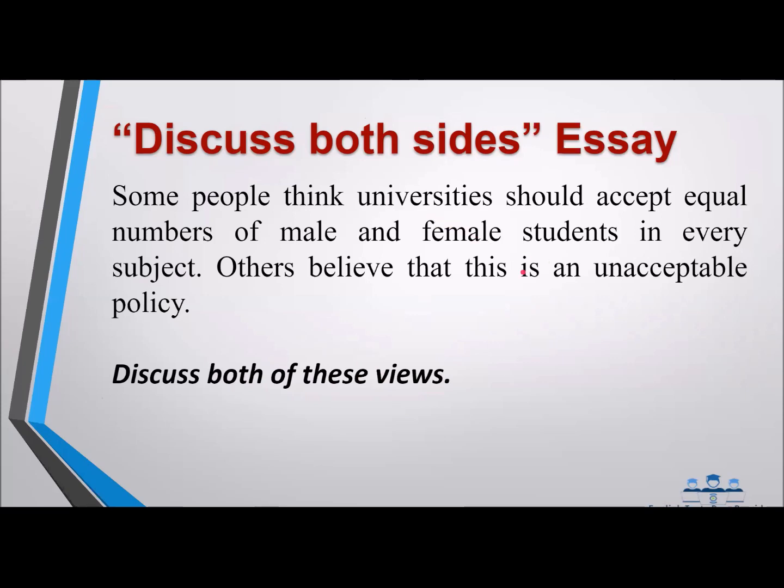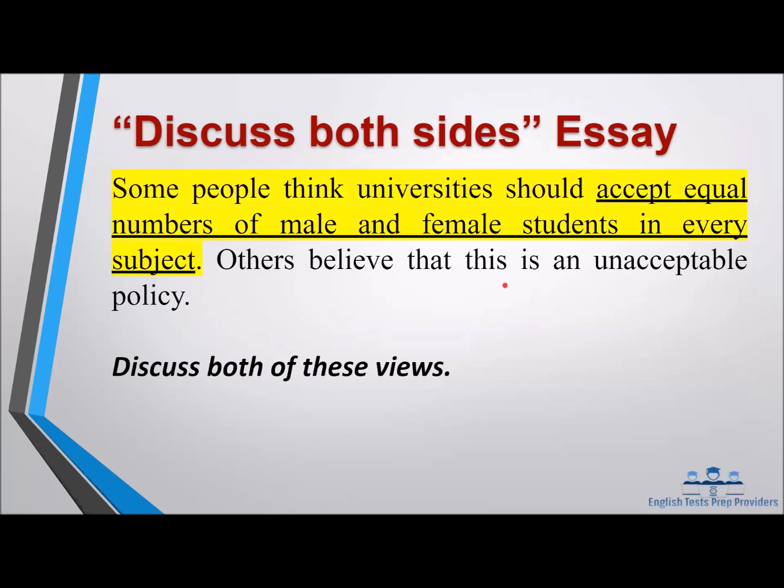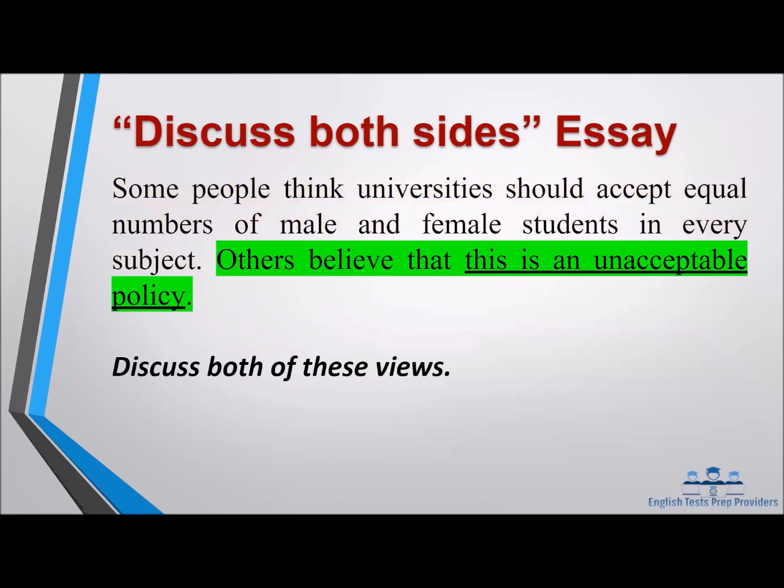Okay, so there are two views that you have to discuss. What are those? The first view, some people think universities should accept equal numbers of male and female students in every subject. So this is the first opinion. While the second opinion is others believe that this.